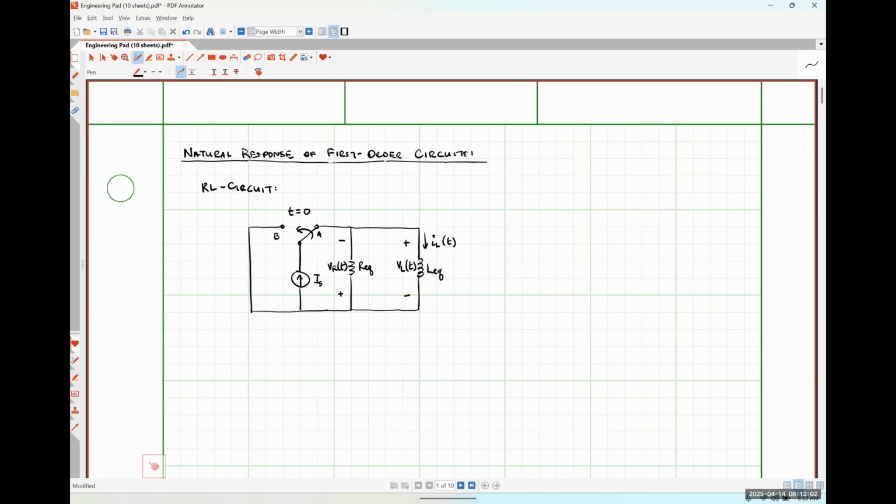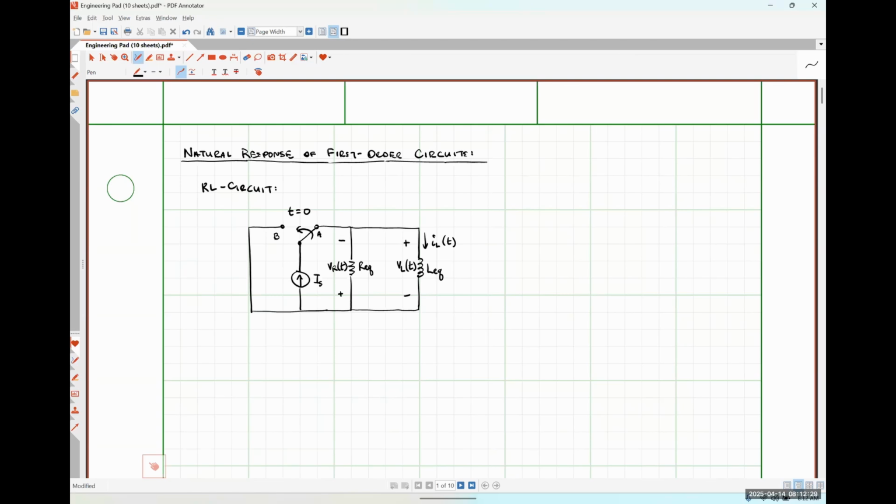So this will be VR of t. Now, let me explain very briefly why I chose to put the positive polarity terminal on bottom here for how we are deriving things and first introducing this, okay? So if we look at this circuit for time less than t is equal to 0, okay, we're going to assume that our switch has been closed at position A for a very, very long time, okay?